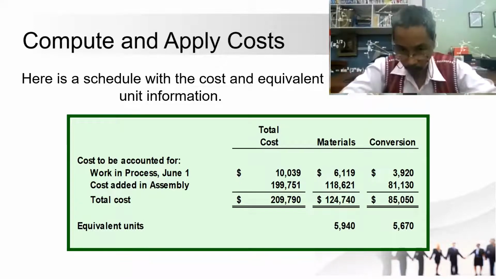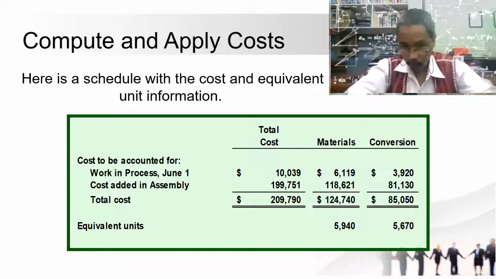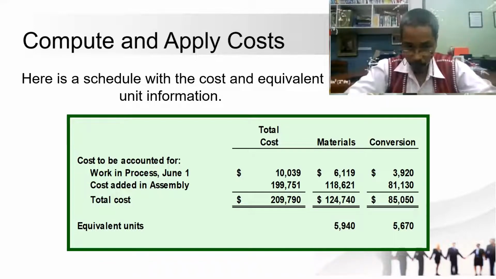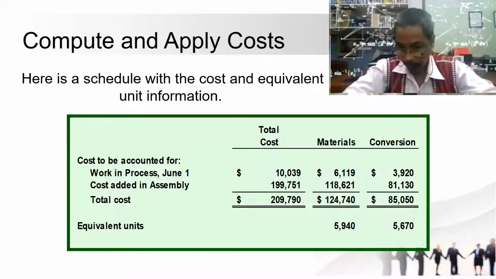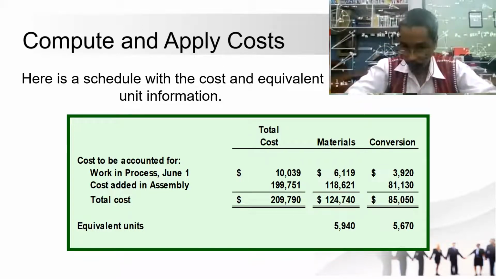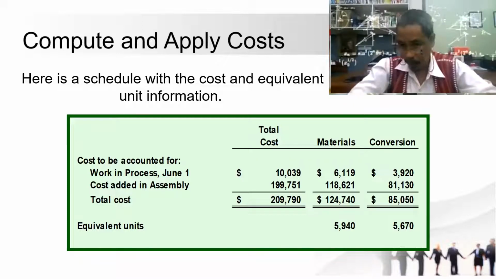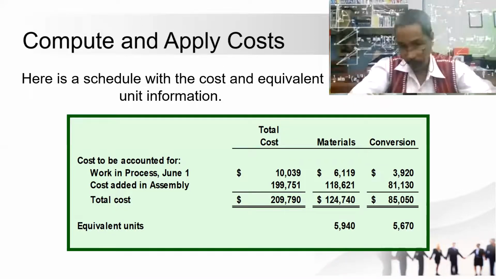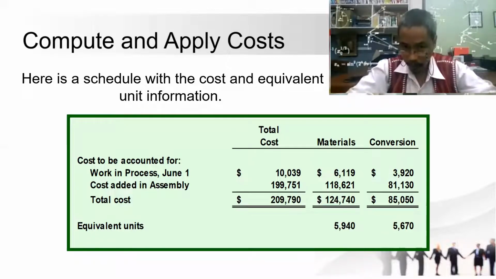Here's the table. For example, looking at the materials column, we have a total work in process materials of 10,039. For materials, only 6,119. And for conversion, we have 3,920. So if you add these two, we have the total of 10,000.